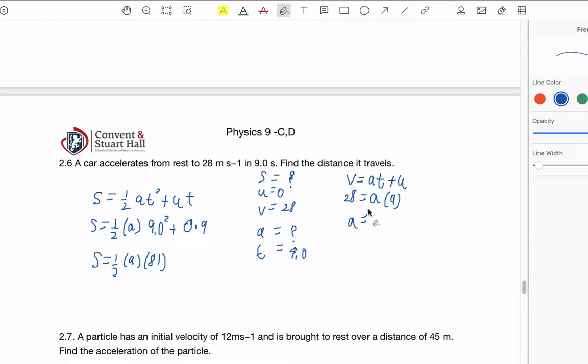And so a is going to equal 28 divided by 9. And that's going to give us about 3.1. Excellent. Now we can substitute into here, and we will get s equals 1/2 times 3.1 times 81. And that's going to give us roughly 126 meters.